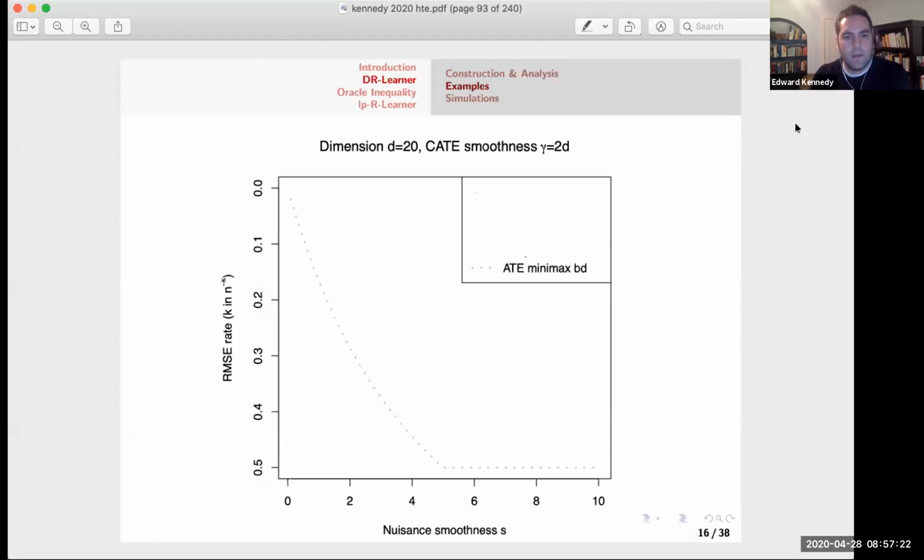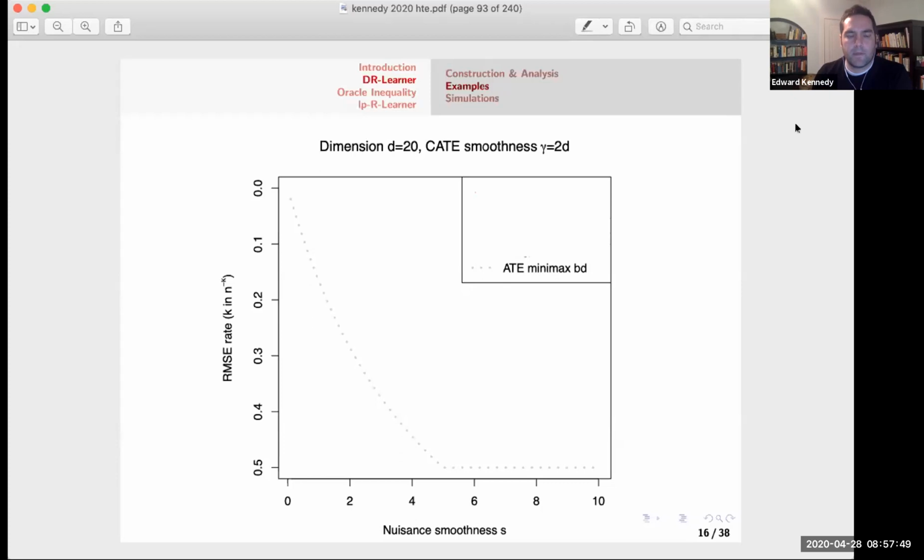This is a specific setup where we have 20-dimensional X. The CATE is relatively smooth, with smoothness equal to twice the dimension. And then we're seeing how, in this case, the root mean squared error changes as a function of the smoothness, S. This first dotted line is the minimax lower bound, which Jamie derived for the ATE a number of years ago.